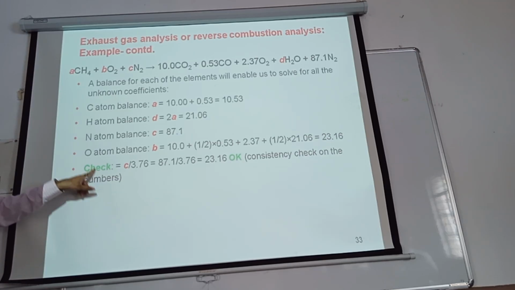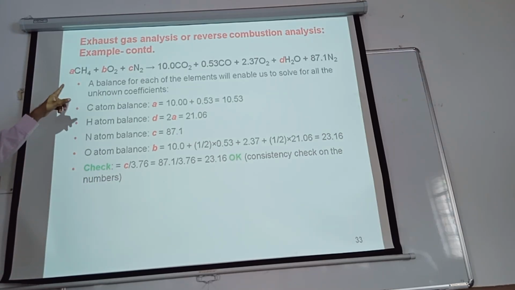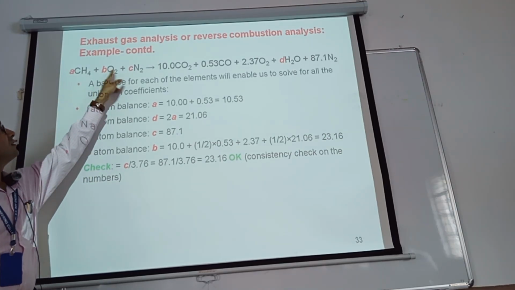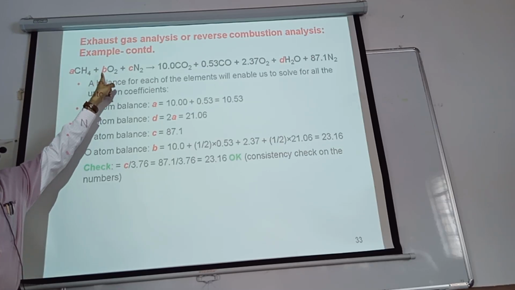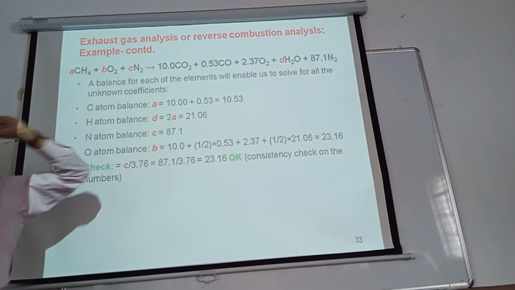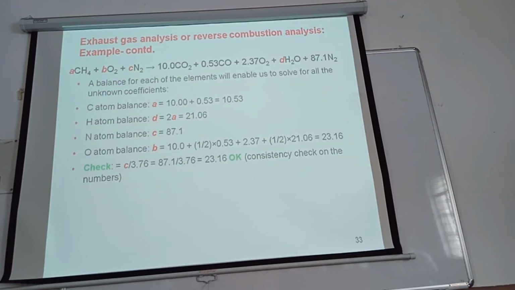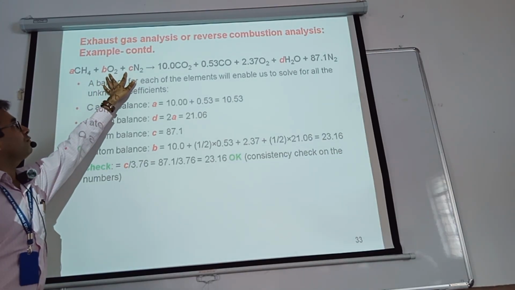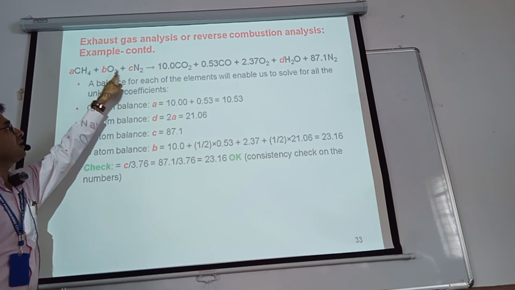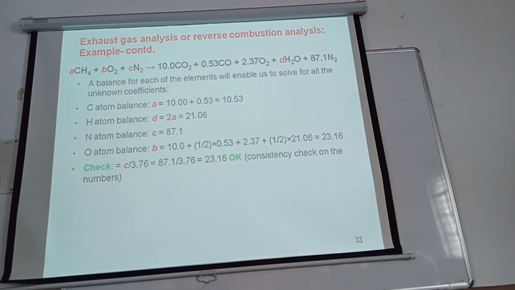Now check. Finally, there can be a check. Since you have one extra equation, there will be a check. So once you determine B and C, you can always check whether C by B is equal to 3.76 or not.